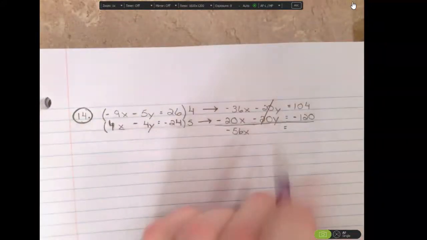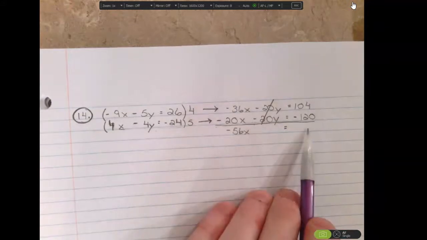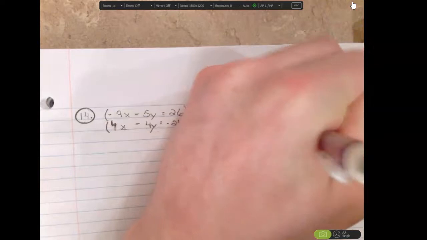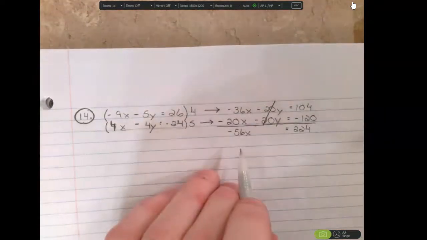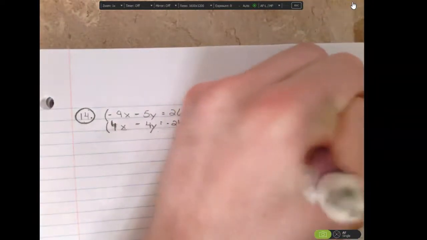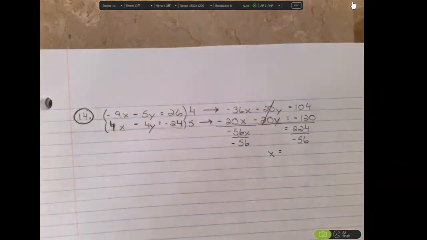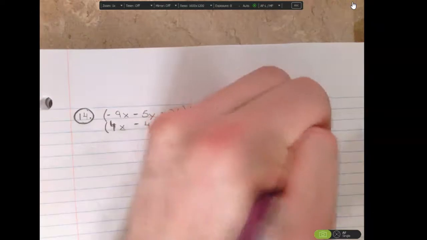Equals 104 minus negative 120. And that gives me 224. To get x by itself, I'm going to divide by negative 56. x equals negative 4.